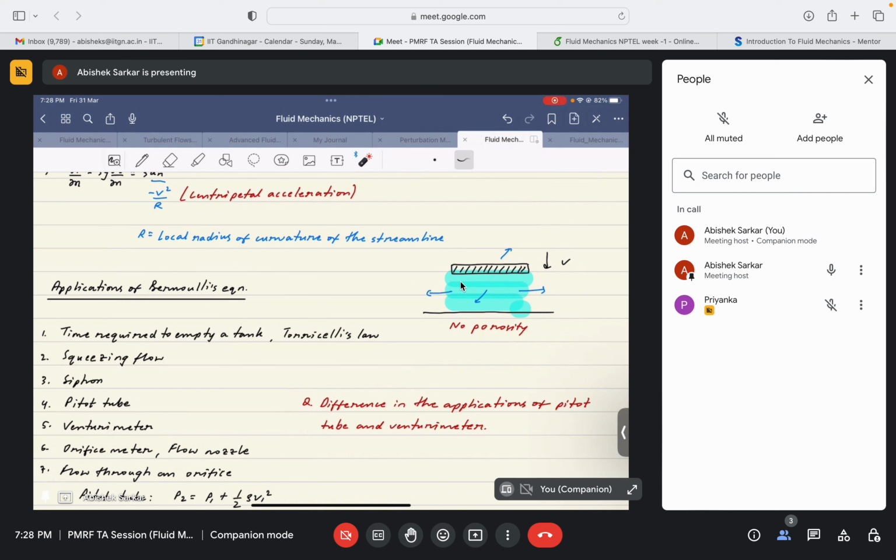So what is the basic difference between a pitot tube and a venturi meter? Not in terms of geometry, but basically in terms of use. Like, why do we use a pitot tube and why do we use a venturi meter? Yeah, please. The venturi meter, we use it to measure the amount of flow.